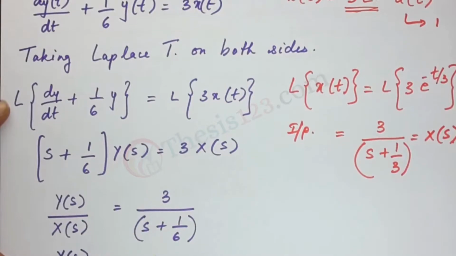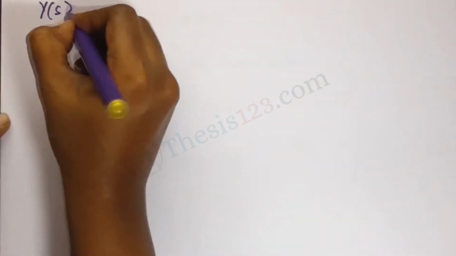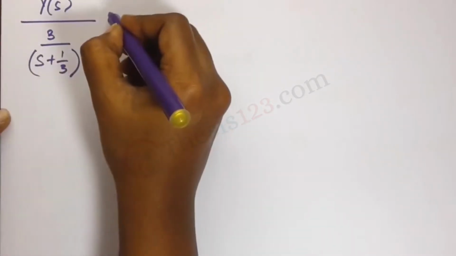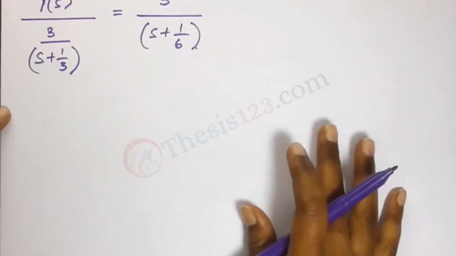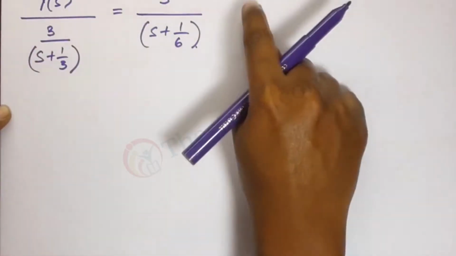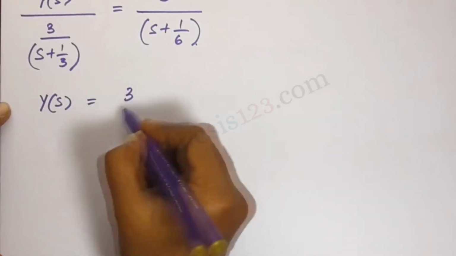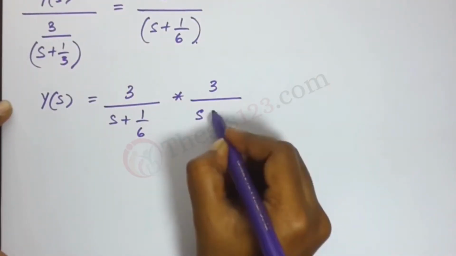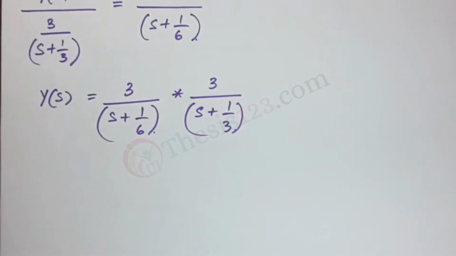I'll just take another sheet of paper and we'll continue. So we get the expression for Y(s) = 3/(s + 1/6) times 3/(s + 1/3). Okay, so this is what we have now.